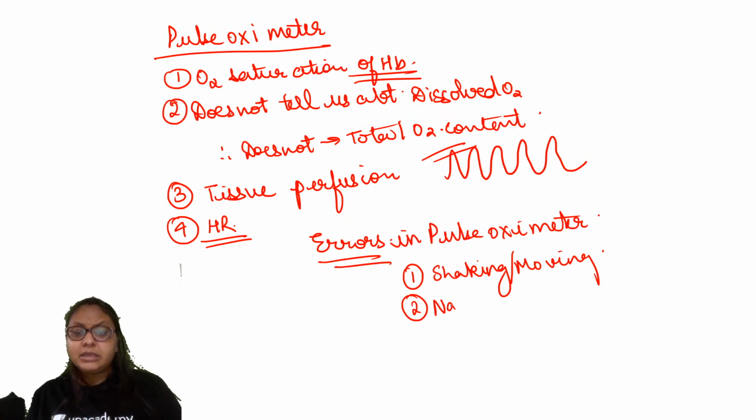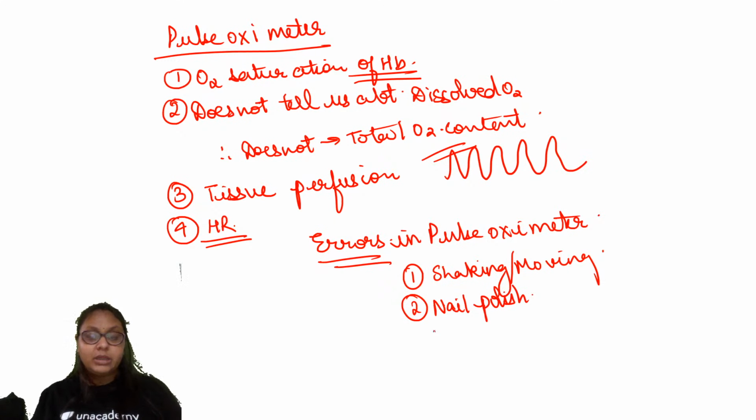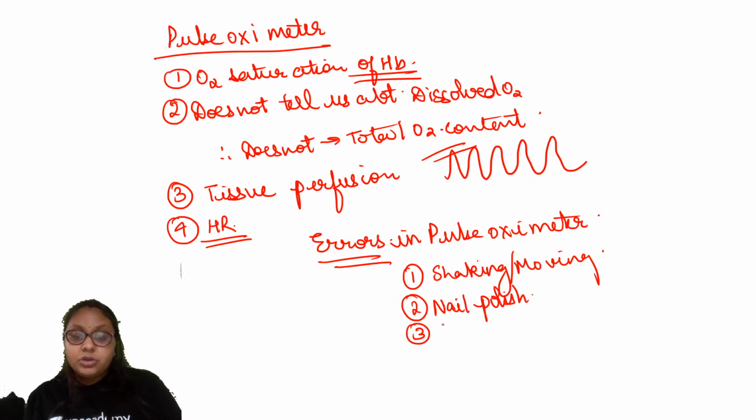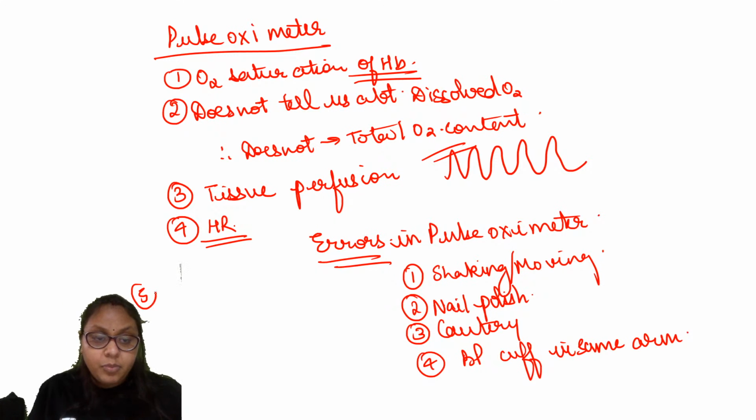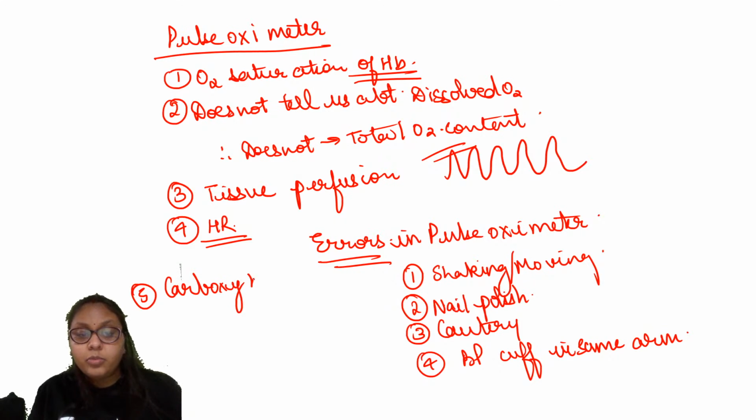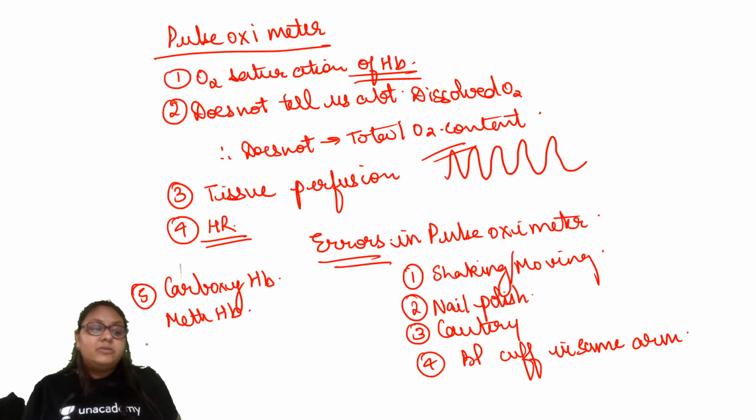If there is nail polish, that will also hamper it, as will the use of cautery or a BP cuff on the same arm. And very important, in cases of carboxyhemoglobin and methemoglobin, it gives us a false value.